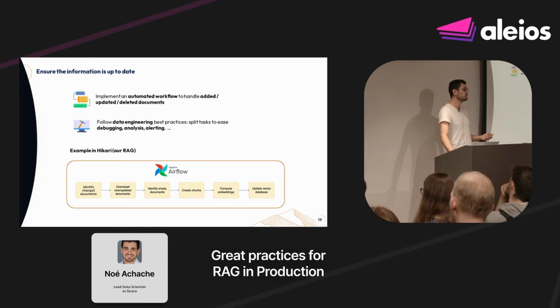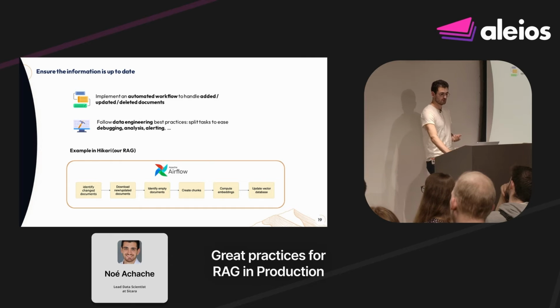So you basically need to implement an automated workflow to handle all of these changes. And I recommend following good data engineering practices. So when you build this workflow, as I will show in a sec, split it into tasks, because it will really ease debugging, analysis, alerting. Because if you have just one big thing, it will make all of this much harder.